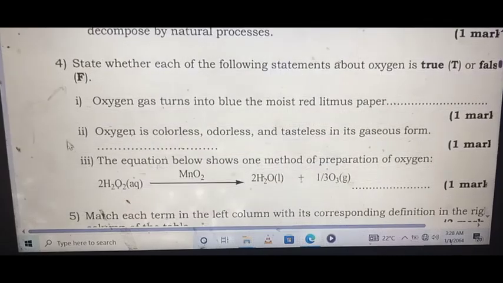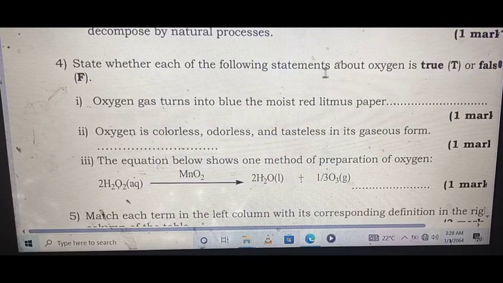Question 4. State whether each of the following statements about oxygen is true or false. 1. Oxygen gas turns blue litmus paper red. The correct answer is false. 2. Oxygen is colorless, odorless, and tasteless in its gaseous form.